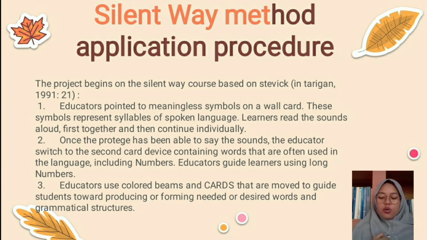Second, once the learners have been able to say the sounds, the educator switches to a second card containing words that are often used in the language, including numbers. Educators guide learners using long numbers. Third, educators use colored rods and cards that are moved to guide students toward producing or forming needed or desired words and grammatical structures.